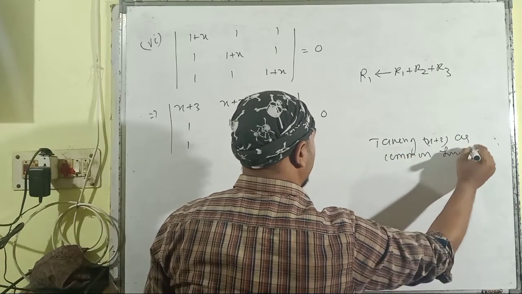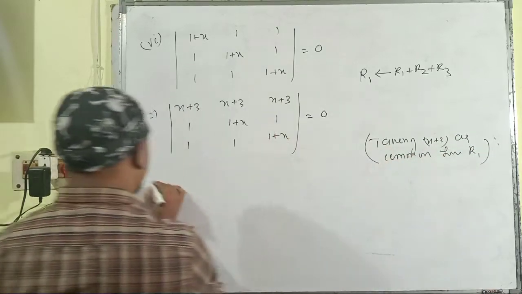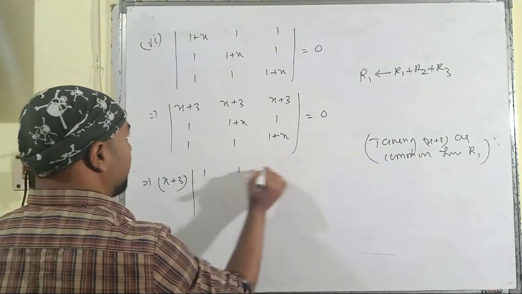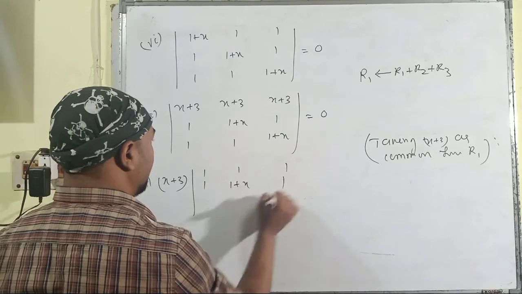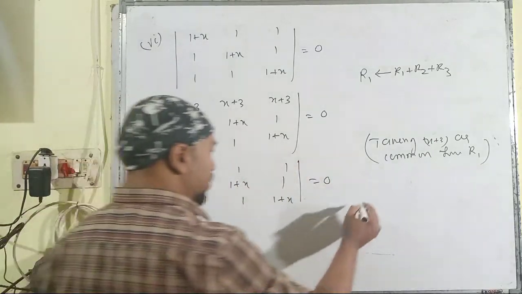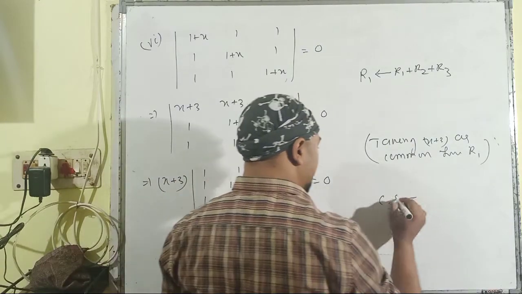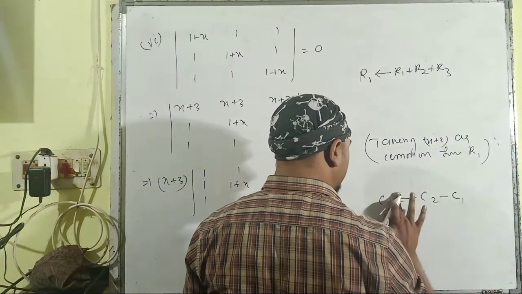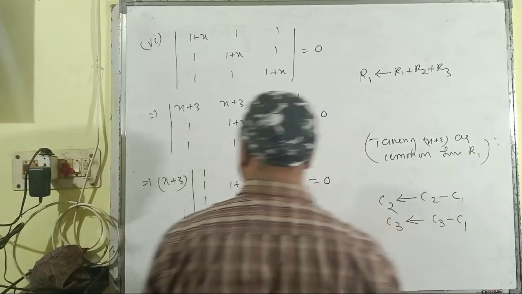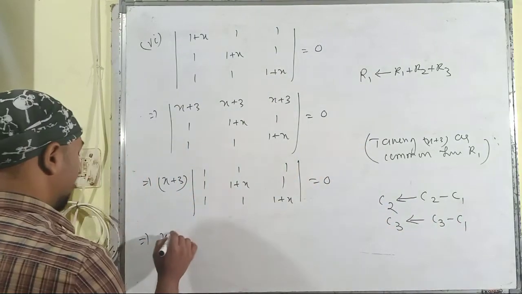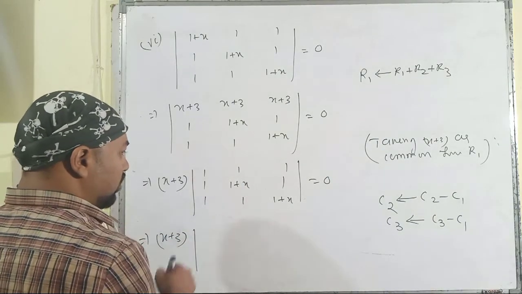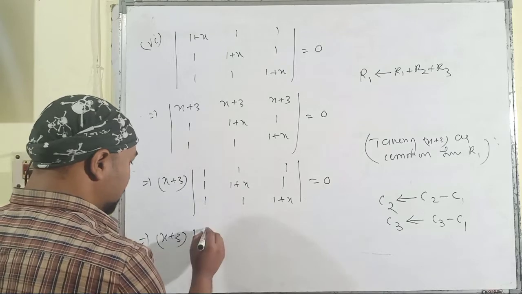from row 1, we have x plus 3, then the determinant of 1 plus x, 1 plus x, and it is equal to 0. Then we have to apply C2 is replaced by C2 minus C1, and C3 is replaced by C3 minus C1, and here we are getting x plus 3 multiplied with the unchanged column first, here it is C1.